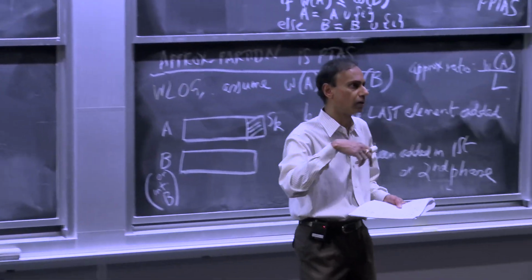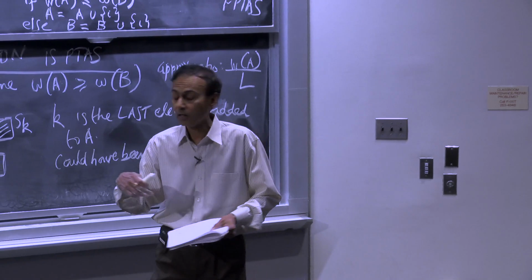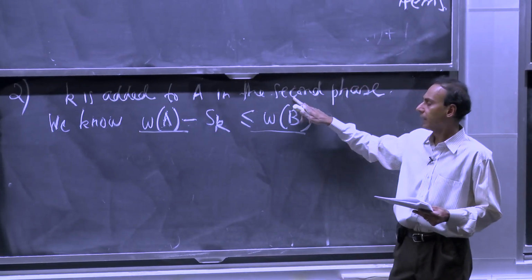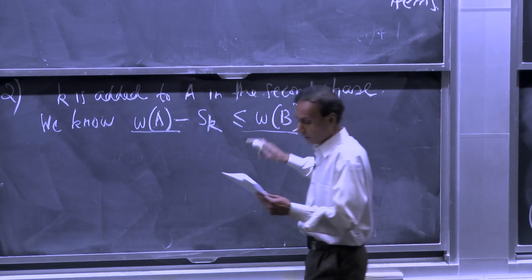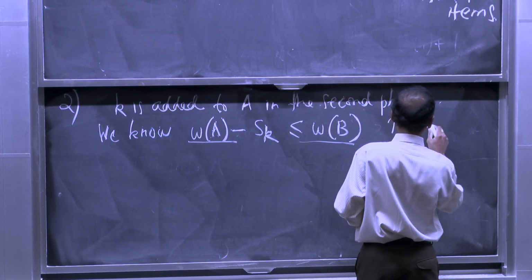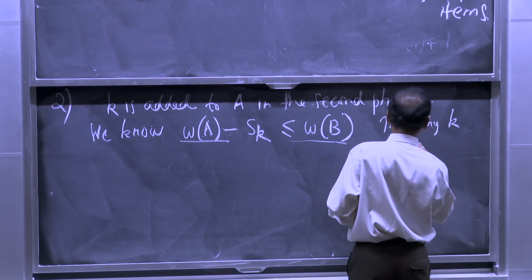You had a smaller WA to begin with, and you added SK to it, and that happened in the second phase. So this is why K was added to A.